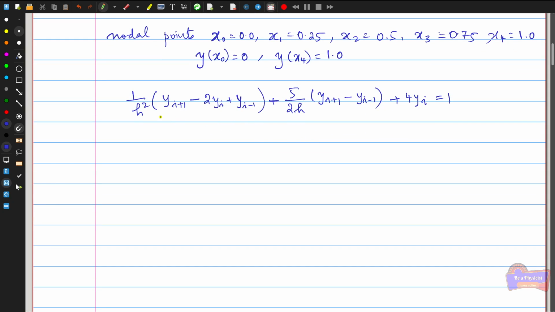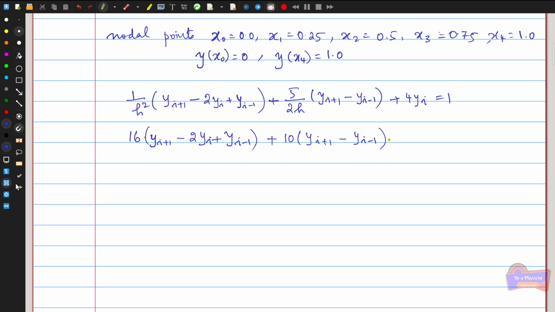Now let's simplify this formula by substituting the value of h squared. For h squared equal to 0.0625, 1 by h squared gives 16. Once you substitute the values and calculate, the equation becomes 16 times y of i plus 1 minus 2 times y of i plus y of i minus 1, plus 10 times y of i plus 1 minus y of i minus 1, plus 4 y i, which is equal to 1.